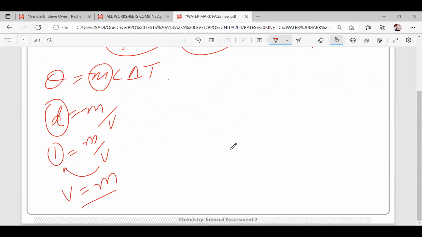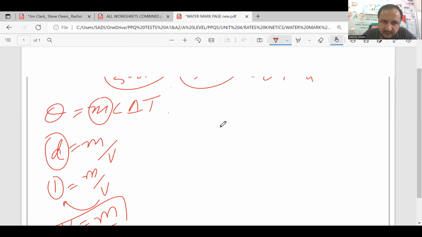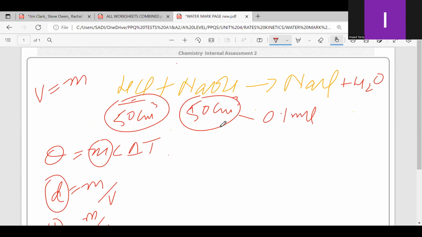Whenever you see that the density of a particular solution is equal to 1, then the volume and mass are exactly equal in value. So wherever it is written that volume is equal to mass, it means density is 1 actually. Any aqueous solution density is always considered to be 1.